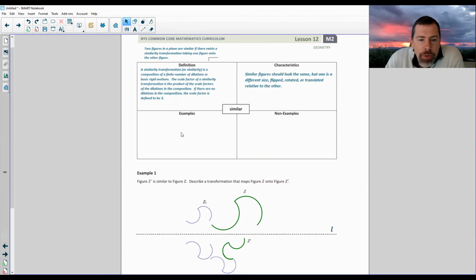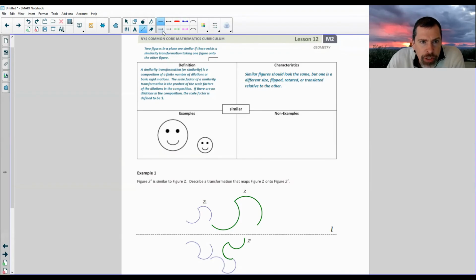And here's an example of similar. Smiley face, smaller smiley face, both circles. The eyes are circles, and the mouth is an arc.